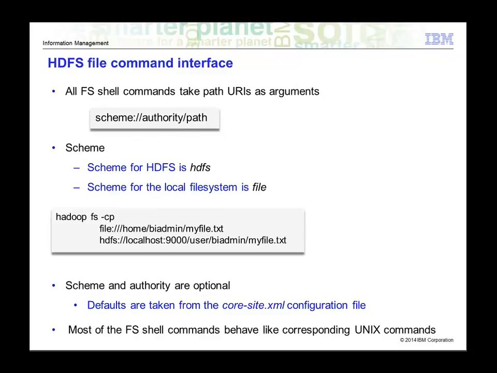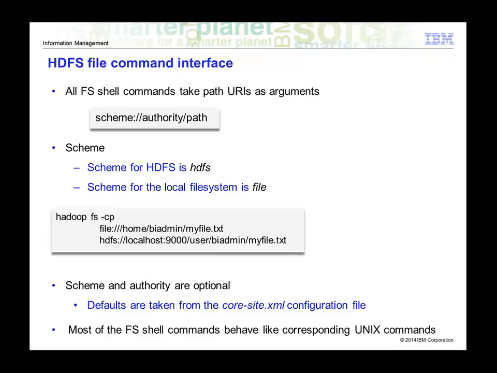As we saw for the ls command, the file system shell can take paths as arguments. These paths can be expressed in the form of Uniform Resource Identifiers, or URIs. The URI format consists of a scheme, an authority, and a path. There are multiple schemes supported.